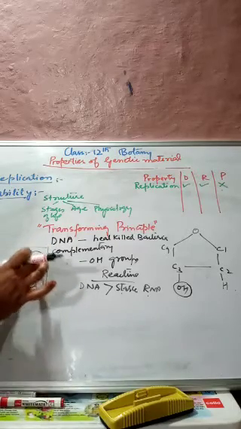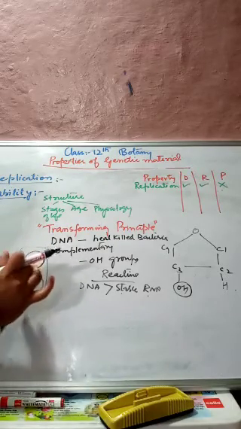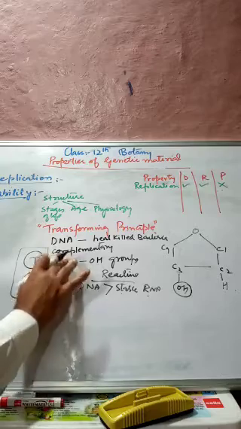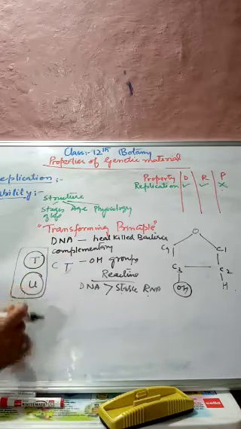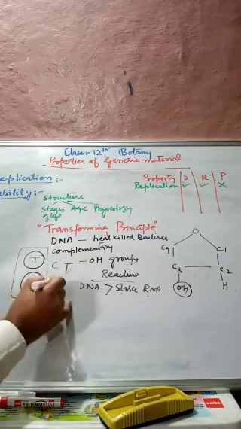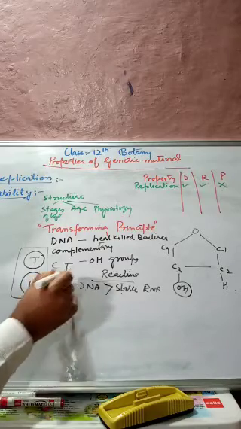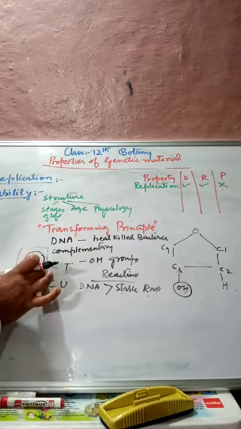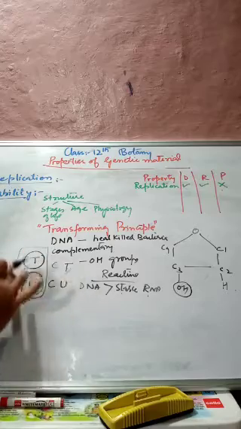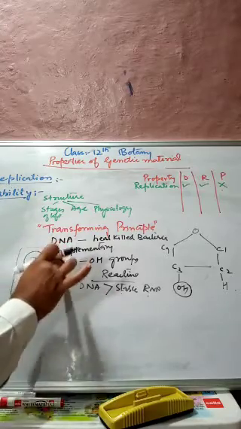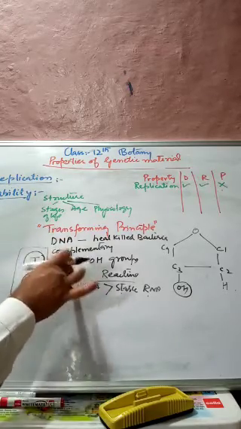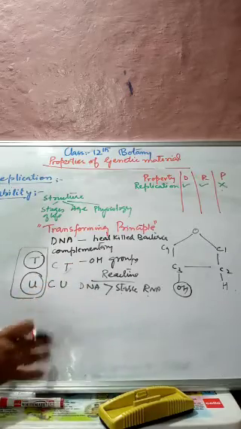Second one, अगर हम ये देखेंगे नाइट्रोजन बेसिस में, DNA has adenine, guanine, cytosine and thymine. अगर हम बात करेंगे in case of pyrimidines, in case of RNA it is cytosine and uracil. The presence of thymine instead of uracil has made DNA more stable than that of RNA.